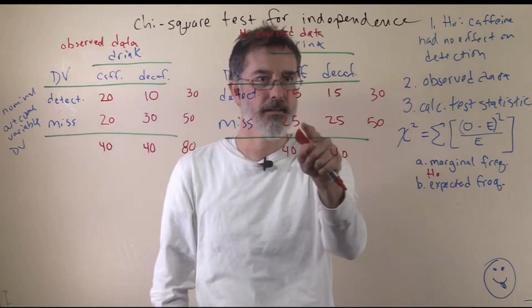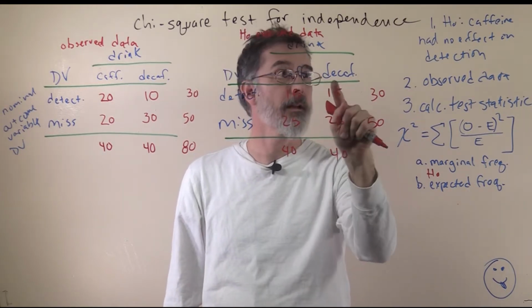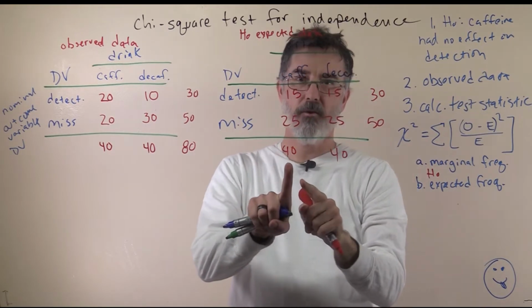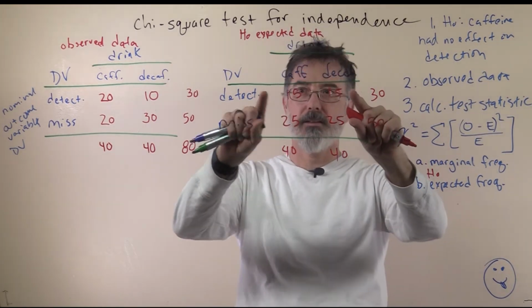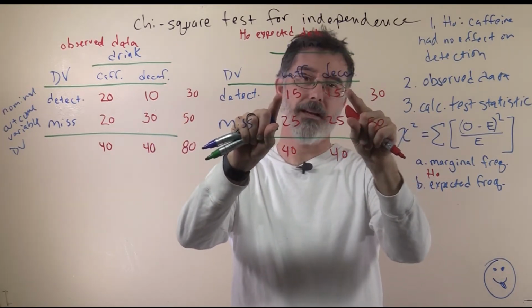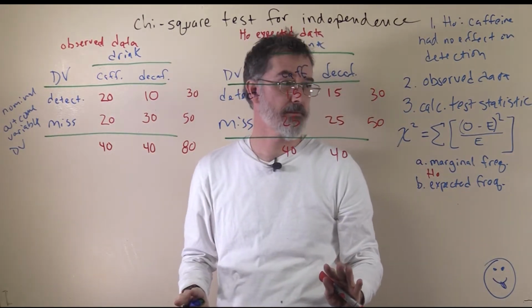Here is the kind of observations you would expect if our null hypothesis is true. There are 40 people who had caffeine, 40 who had decaf, and their likelihood of detecting or failing to detect the smiley face is exactly the same. That's what it would look like if the null hypothesis is true.